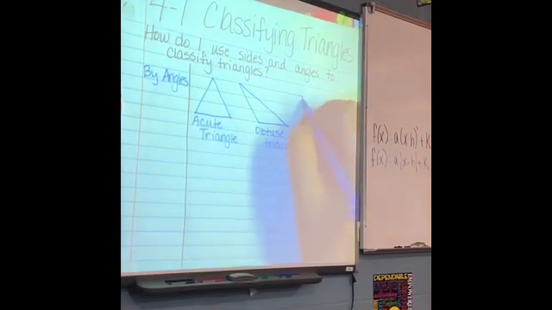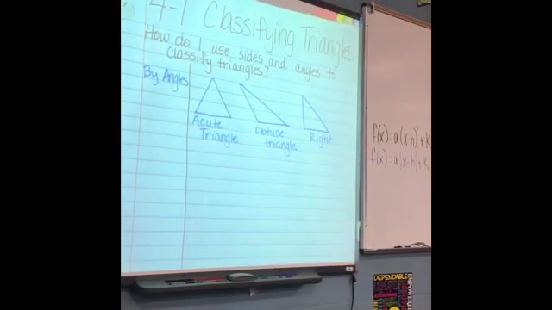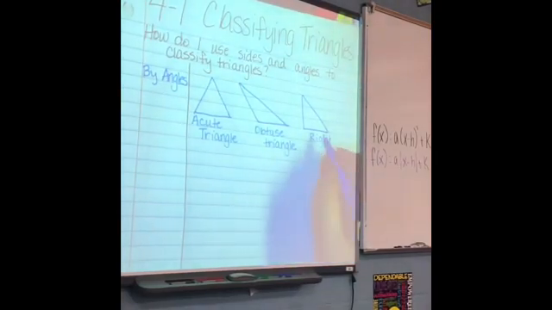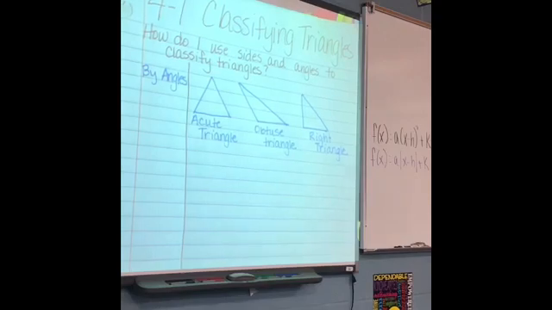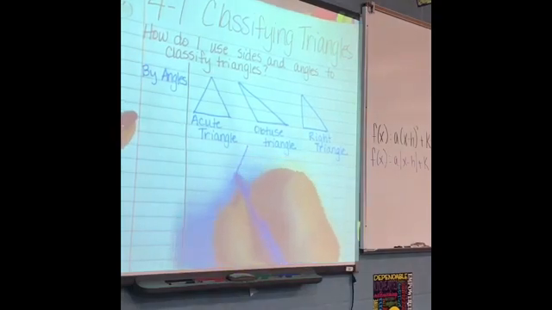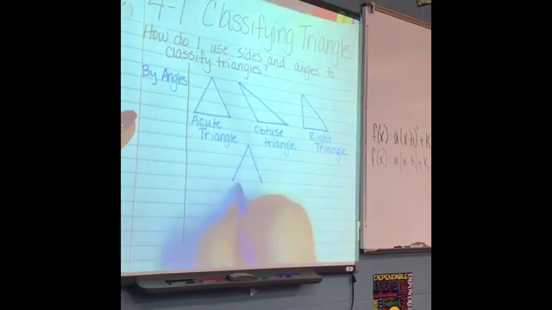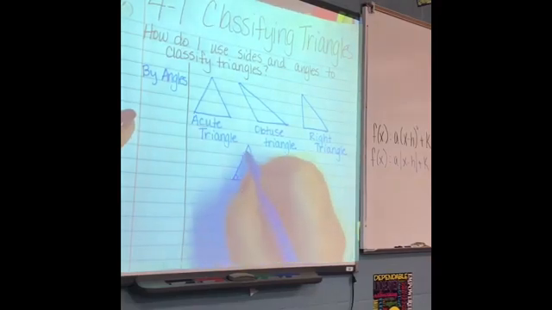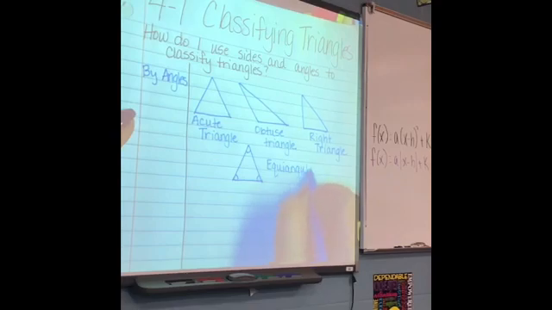We have a right triangle. And lastly, we have our triangle where all the angles are congruent. We call that the equiangular triangle.